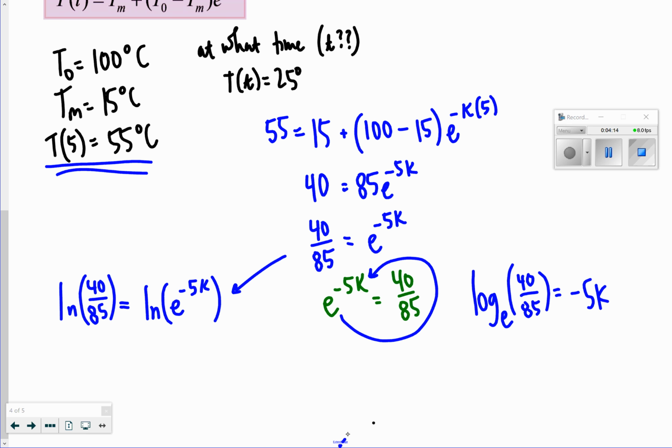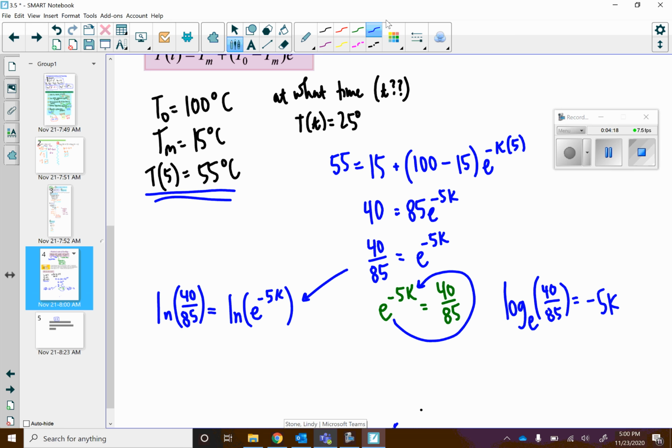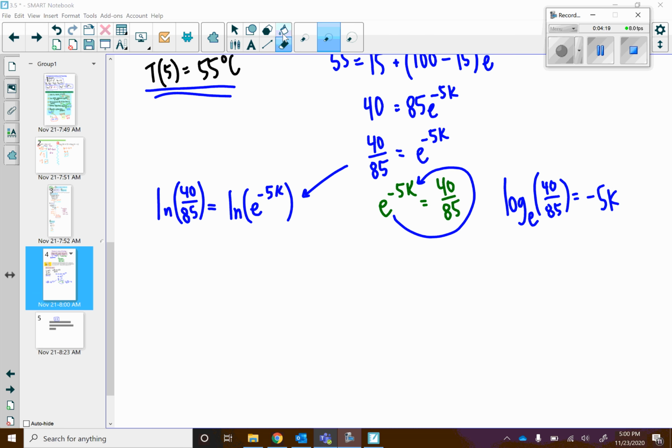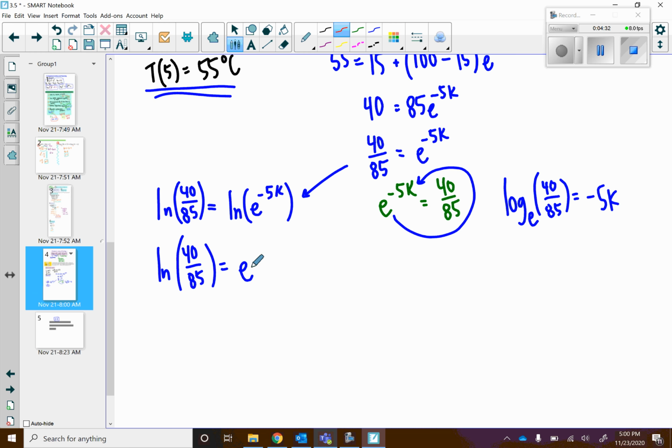Technically we're at the same point on both of these. This equation over here is the natural log of 40 over 85 is equal to, not the e, sorry.